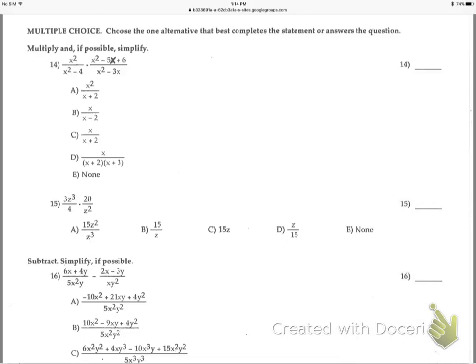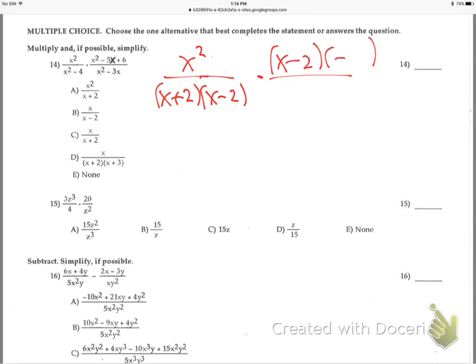So, number 14. It's a bunch of factoring. So this time I'm just going to factor: x plus 2, x minus 2, times x minus 2, x minus 3, over x times x minus 3.